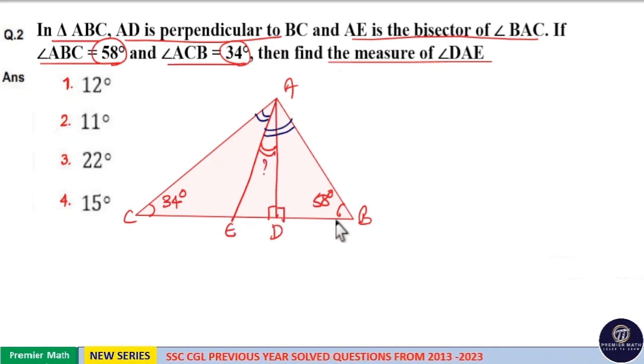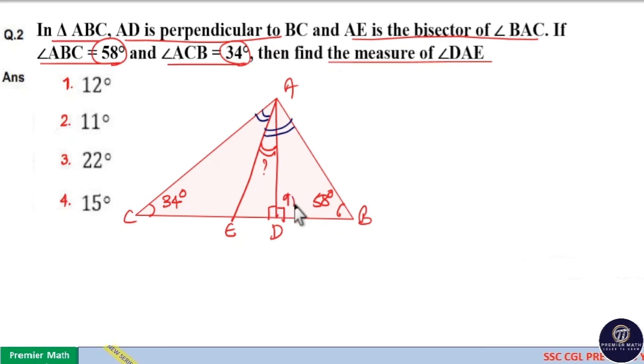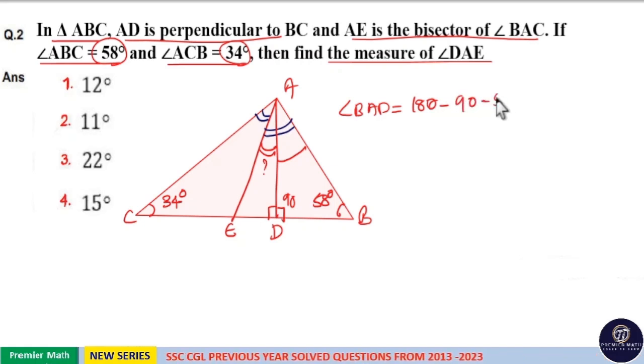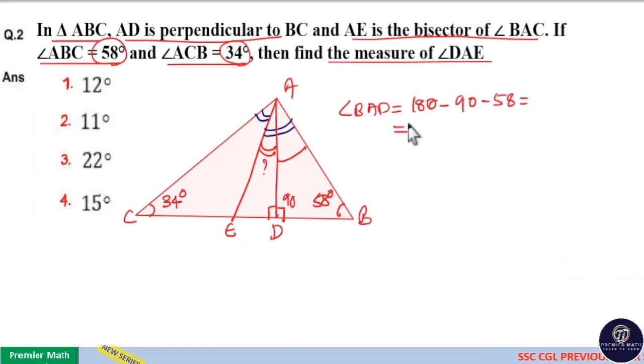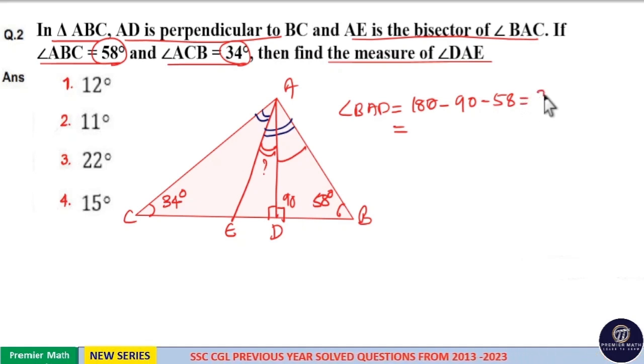So here this is 90 degree, this is 58 degree, which means angle BAD is equal to 180 minus 90 minus 58. 90 plus 58 is 148. So 180 minus 148 is equal to 32 degree. So this is 32 degree.